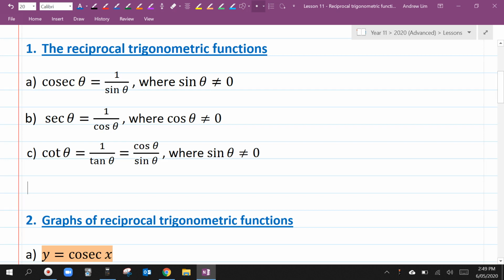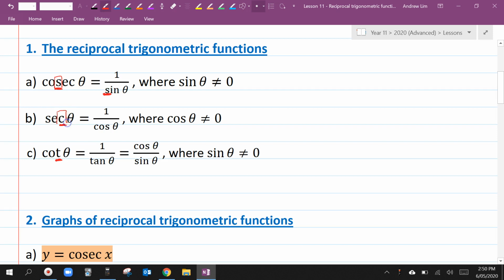Now, how do we memorize this? How do we know which reciprocal trig function goes with which other trig function? The trick is to look for the third letter of each. The third letter of each of these tells you what they pair up with. So the third letter of cosecant is S, so that pairs with sine.